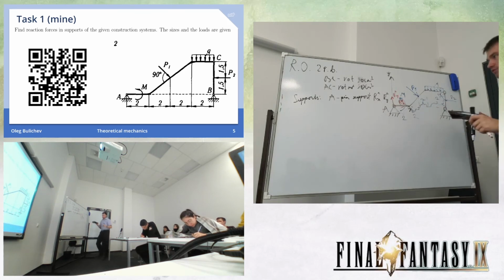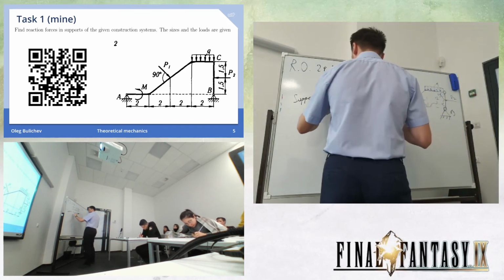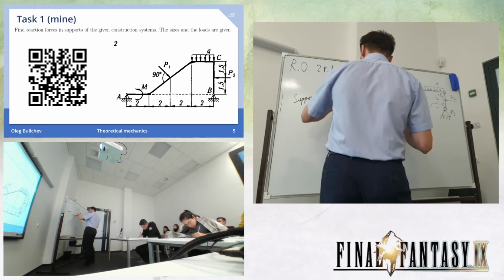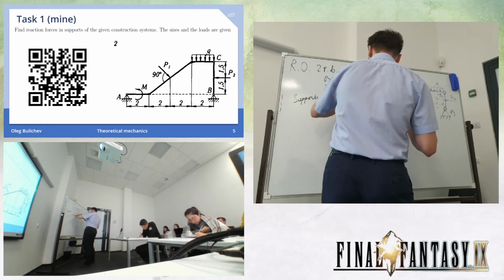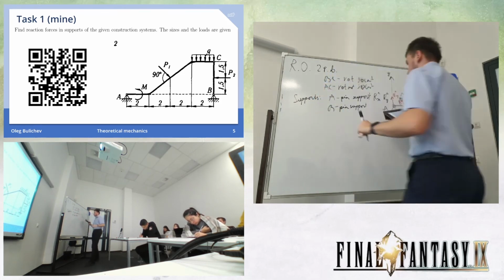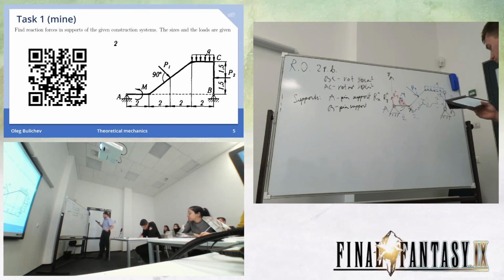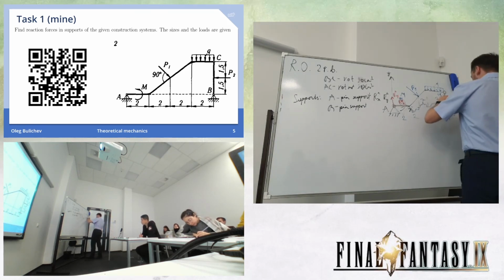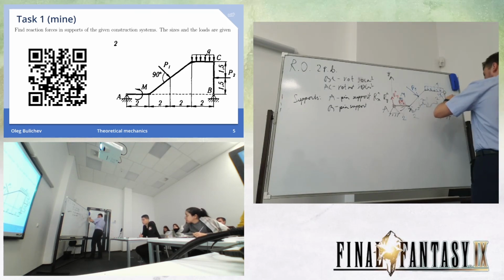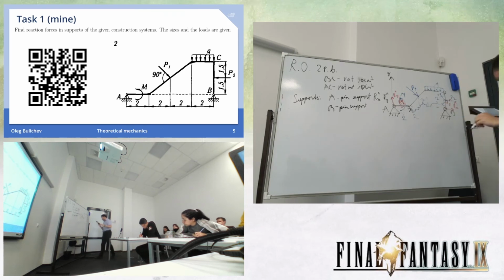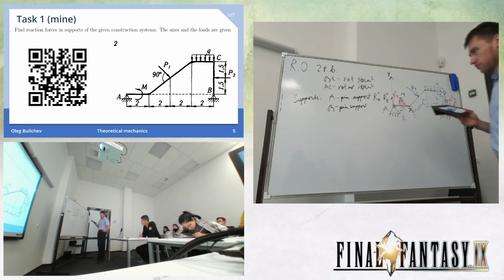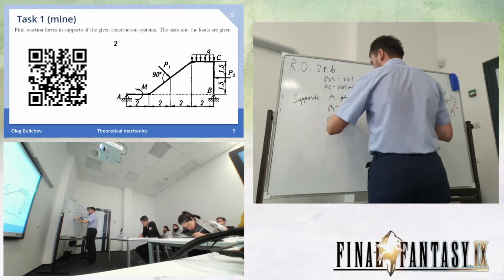This B can also be a support. And the last one, C, rotational ring.